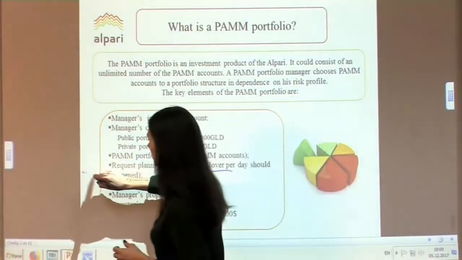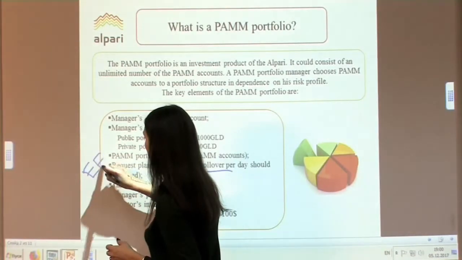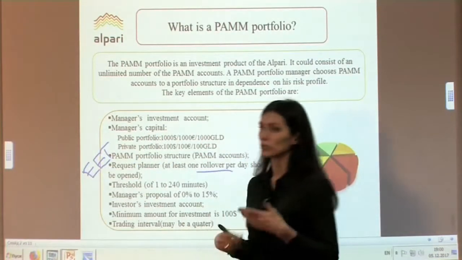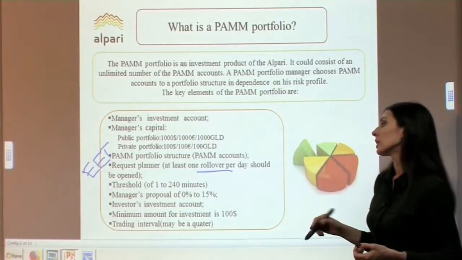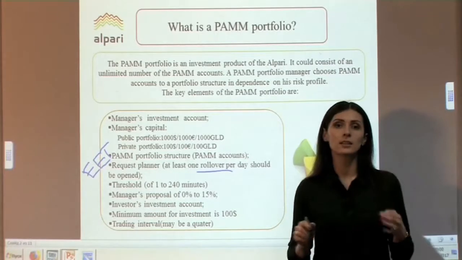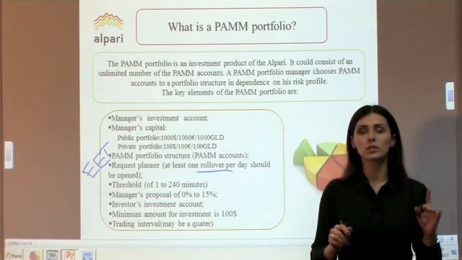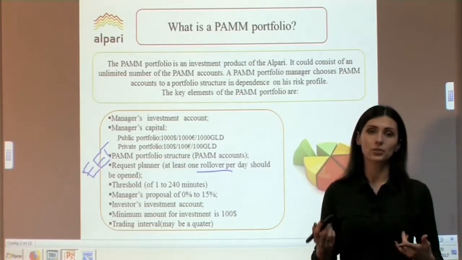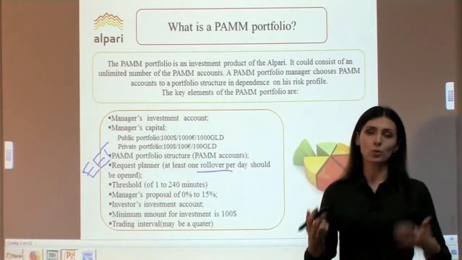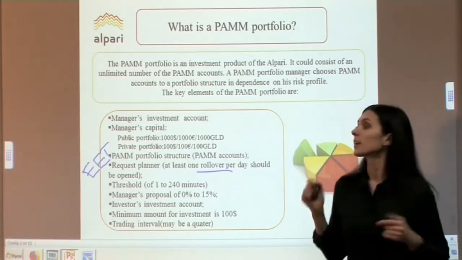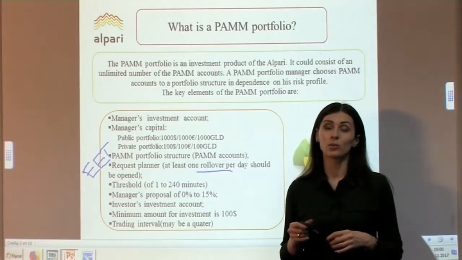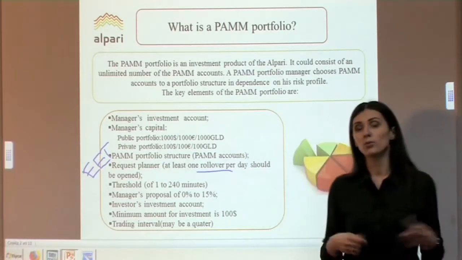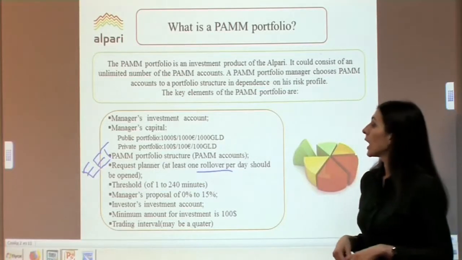The request planner works by Eastern European time, which is equal to GMT+2 today. The request planner should contain at least one open rollover per day so that investors can deposit or withdraw their funds. This is one of the most important advantages of the PAMM account service.